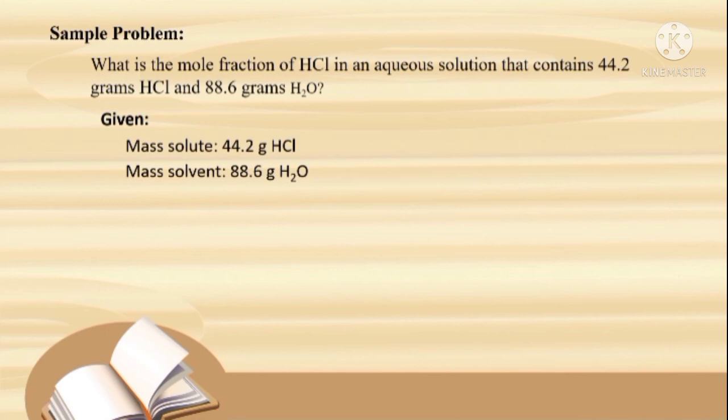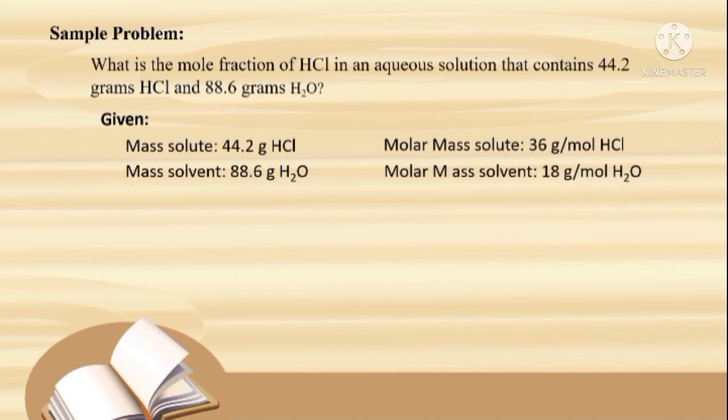But we can convert their masses by simply dividing the given masses by their corresponding molar masses. The molar mass of the solute HCl is 36 grams per mole, and the solvent water is equal to 18 grams per mole.